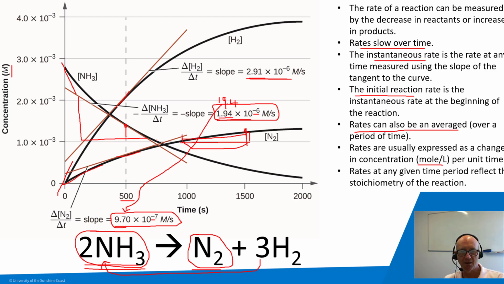And as you can see from what I've shown you, these rates at any given time point, in this case we used 500 seconds as the example, reflect the stoichiometry of the reaction.